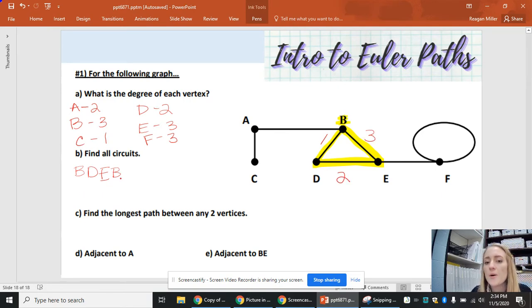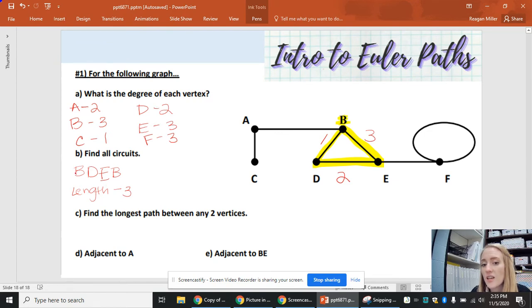And if it asked for the length of that circuit, it's going to be 1 less than the number of letters. So we have 1, 2, 3, 4 letters. So the length of this circuit will actually be 3 because we're counting the number of lines or the number of edges that we've traveled down.